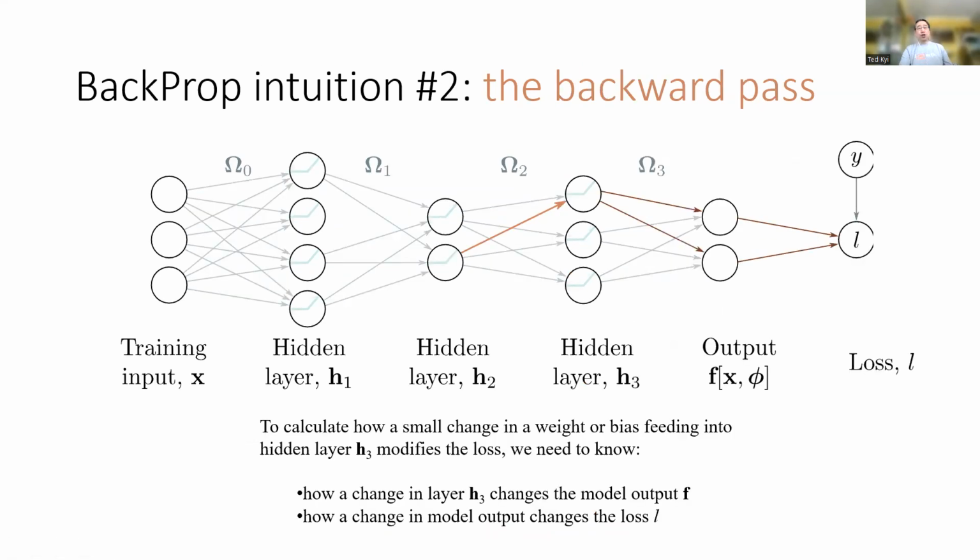All right, so I think we have a few slides here. This is a diagram that was in the book. So when we're calculating the backward pass, what we can do is instead of going from left to right, we can go from right to left. So how does this particular hidden node here affect the loss function?